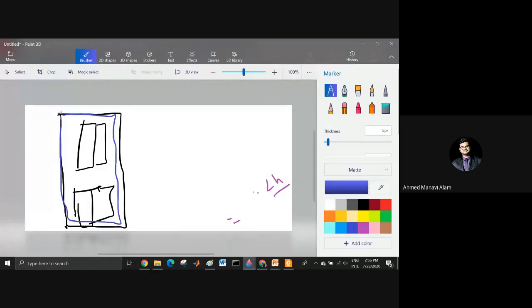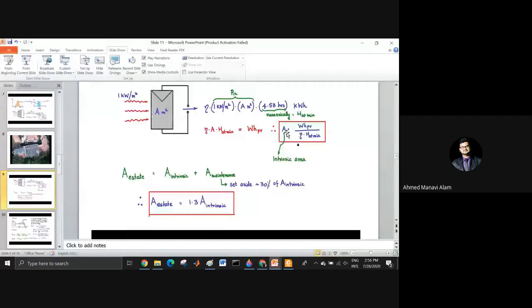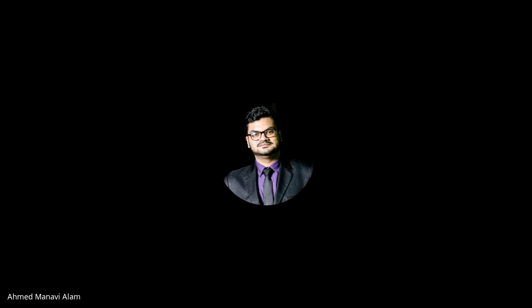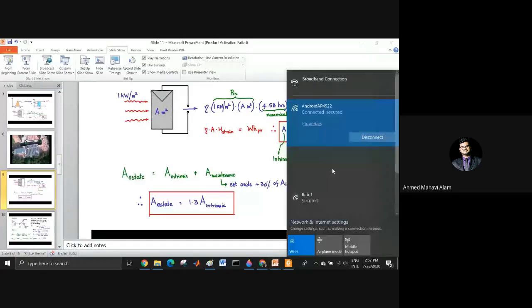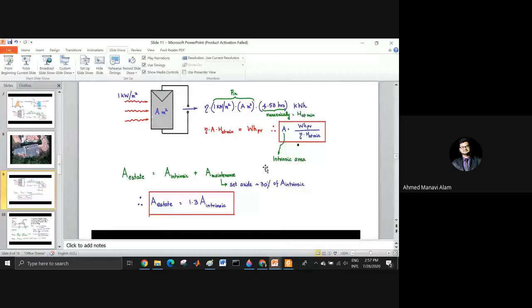The area I am getting here, this A, is the intrinsic area, only the area of the PV cells. Now there is some area needed for maintenance purposes. You need to clean them, you need to wash them. So for that purpose.